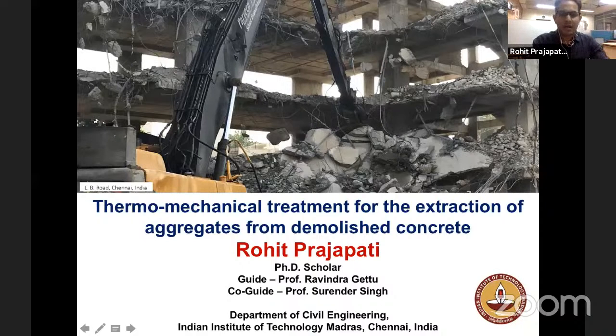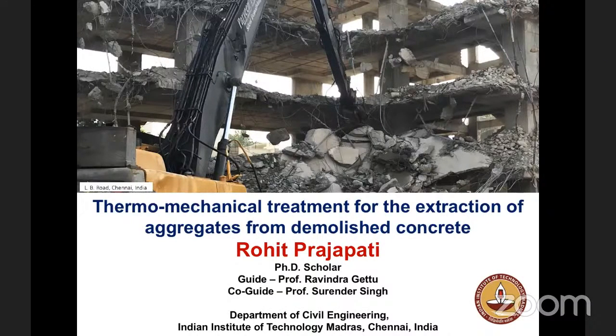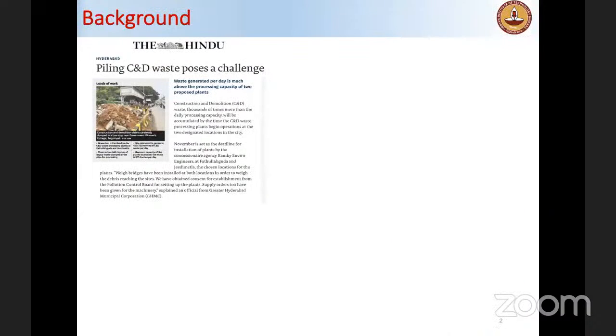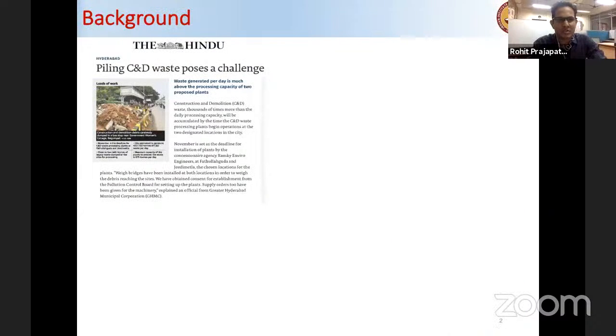Thank you, Raj. So I'm going to talk about thermomechanical treatment for recycling of waste concrete. Ram has already set the background, but just to start, there is a problem of disposal of C&D waste, and it's being illegally dumped, and sometimes landfilled, so we are not properly utilizing the resources.